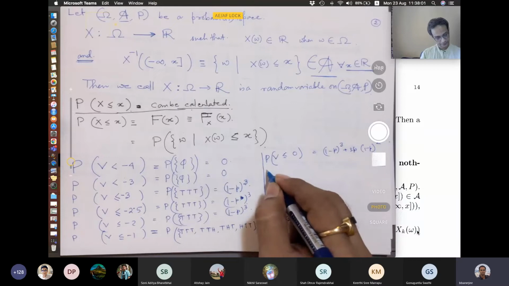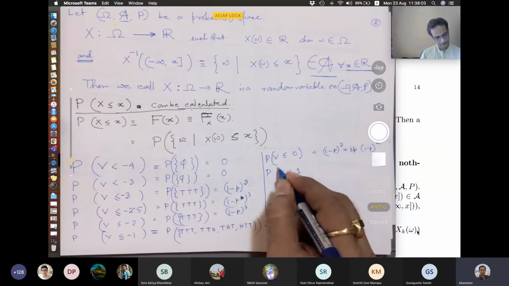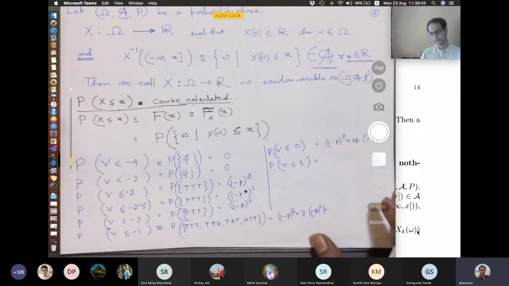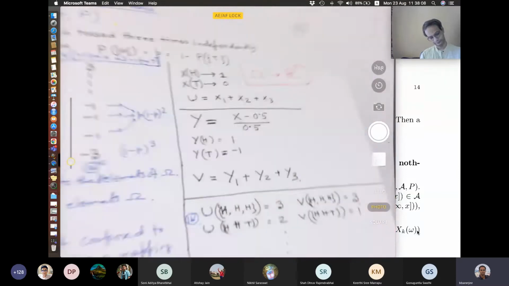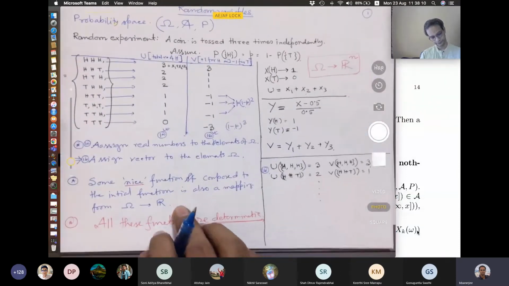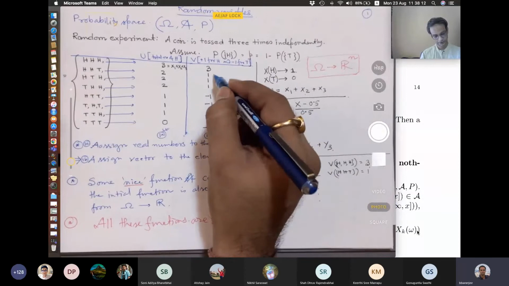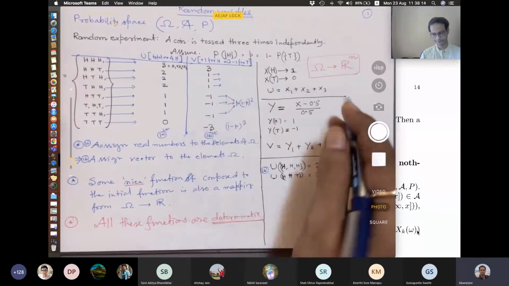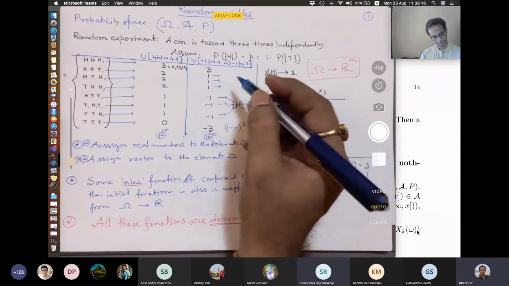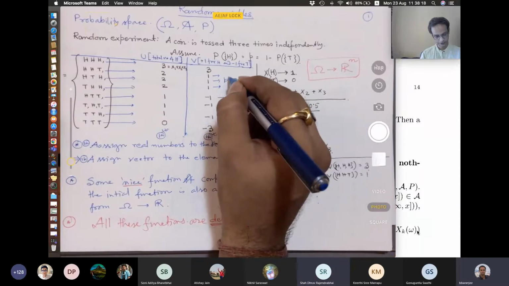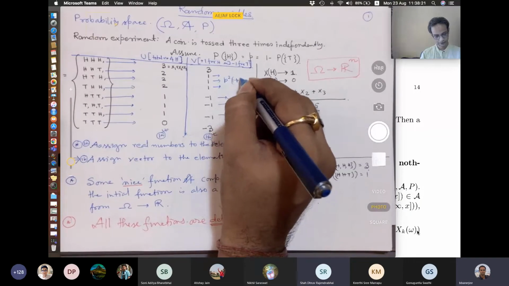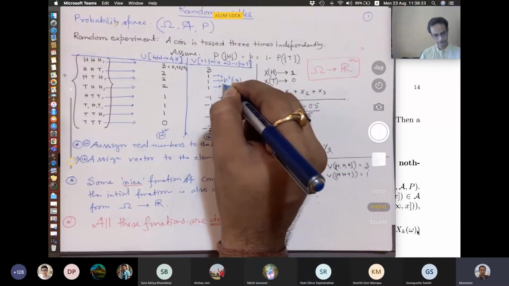Okay. Probability V less than or equal to 1. What will be these probabilities individually? p square into 1 minus p, p into 1 minus p whole square, p square. All of them individually.